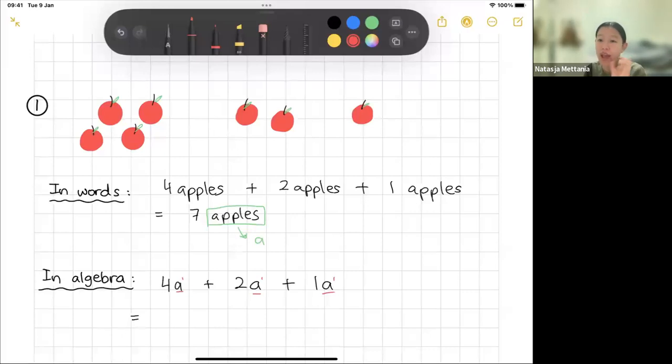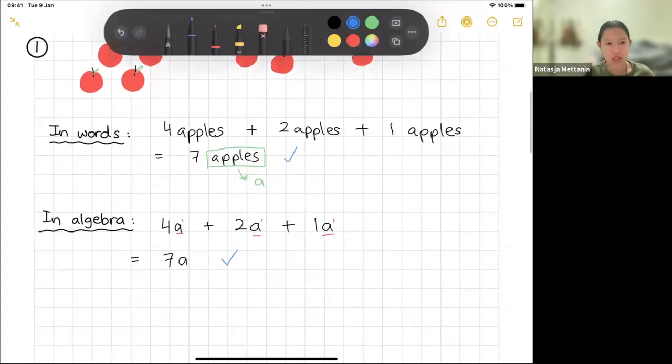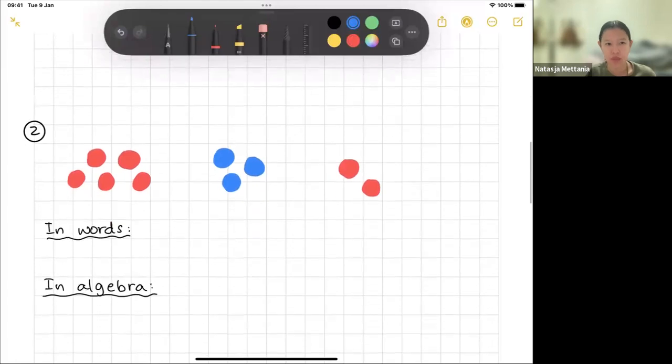In this letter A, there is actually a power of an invisible 1. So that means they are like terms. And because they're all like terms, I can add them all together. So 4A plus 2A plus 1A gets me to 7A. Is that correct from when I used my word problem? Yes, it was. So that's how I figured it out the algebra way.